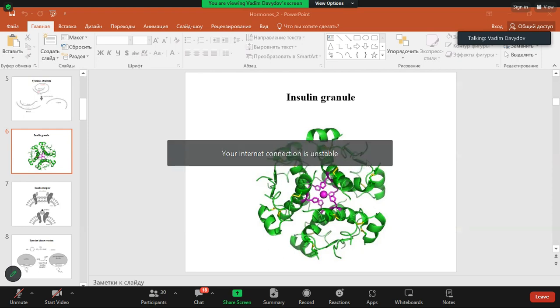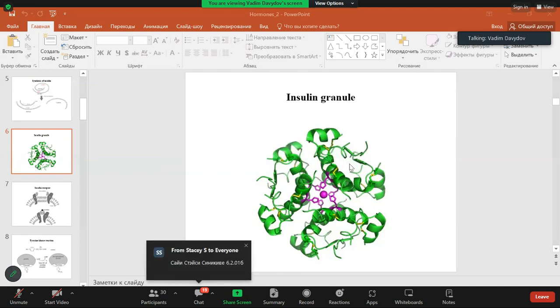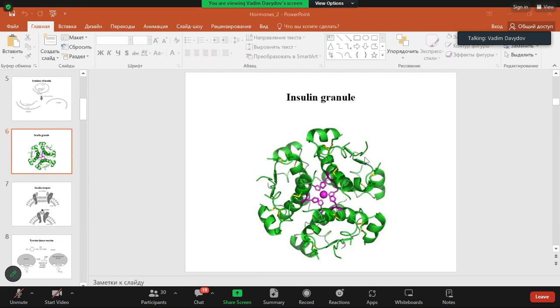But if you take into account that insulin and C-peptide are secreted in equimolar amounts, it may be used to determine the concentration of C-peptide for evaluation of the secretory function of the beta cell. It often takes place in the diagnosis of different diseases.